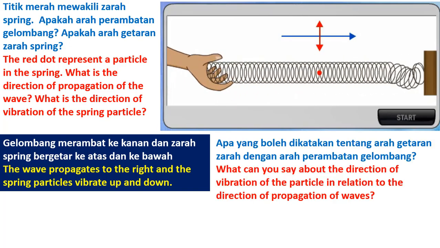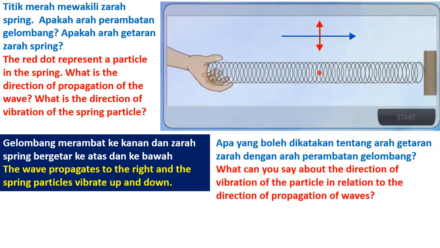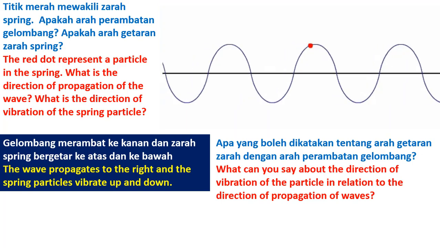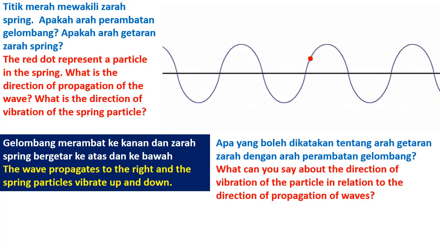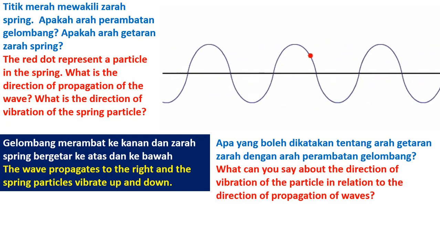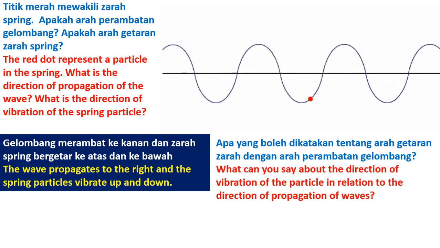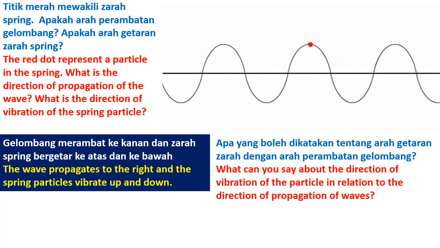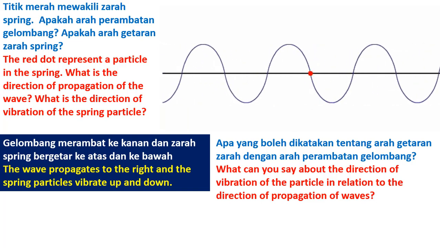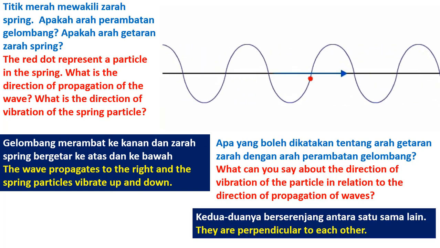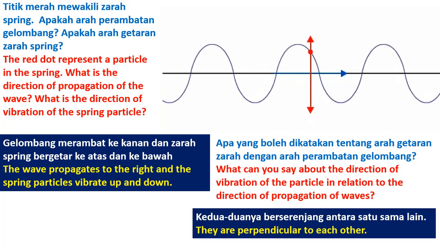What can you say about the direction of vibration of the particles in relation to the direction of propagation of the wave? The wave moves to the right. The red dot moves up and down. They are perpendicular to each other.